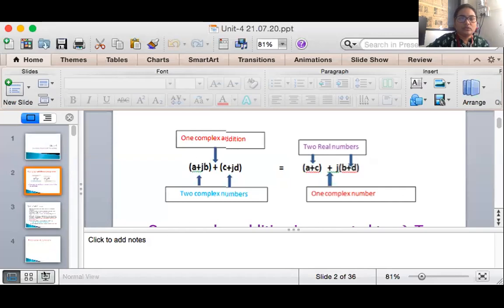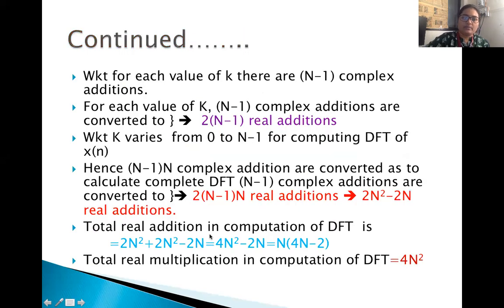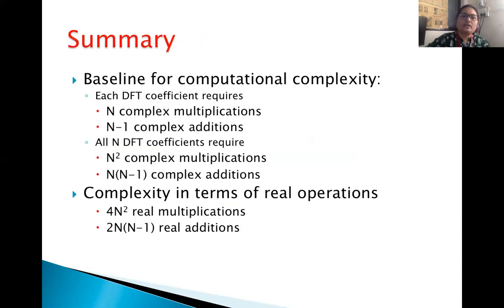So here we will look into complex addition and complex multiplication. Here it is mentioned, for k, there are n number of values, how many multiplications, how many additions are required, it is given here. So summary, the baseline for computational complexity is, for each DFT computation we require n complex multiplications and n minus 1 complex additions, right?